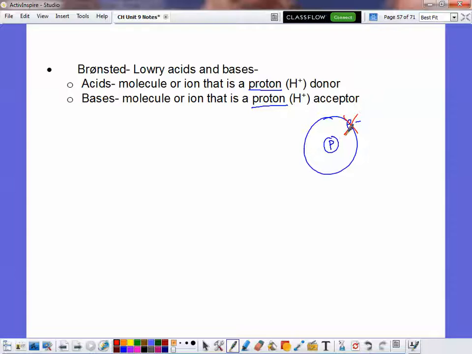H+ ions. Have you ever heard of the medicine Nexium? It's for acid reflux. Acid reflux is like chronic heartburn. So Nexium is a class of drugs called proton pump inhibitors. The way Nexium works, let me back up. People with acid reflux often get it because of an excess of acid.